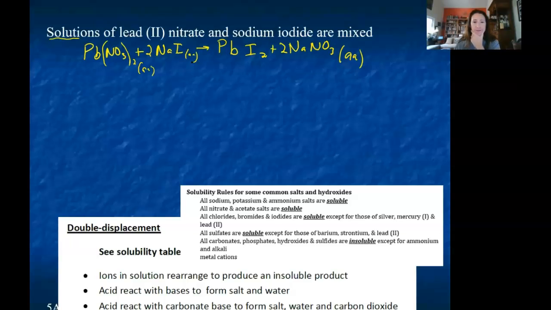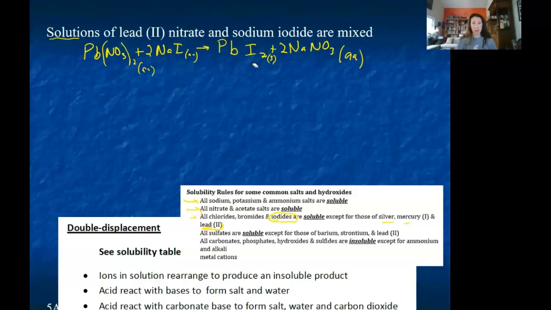Well, let's look. All sodium, potassium, nope. All nitrates, nope. All chlorides, bromides, oh, there's the word iodide. I've got an iodide here. Those are soluble, meaning aq, except silver, mercury, and lead. That's our exception. That must be our solid, right?